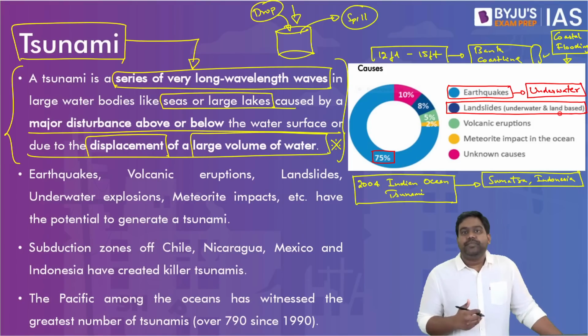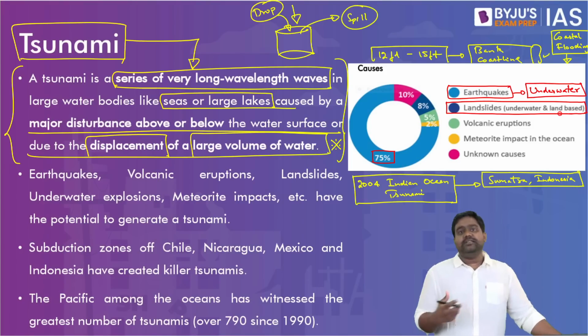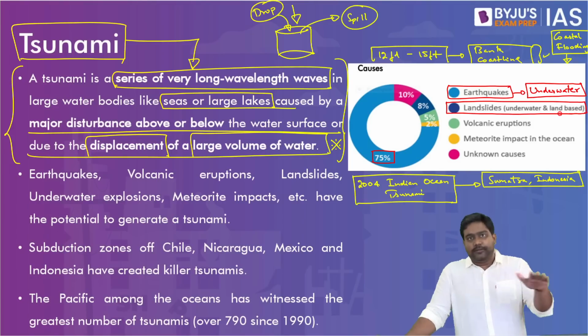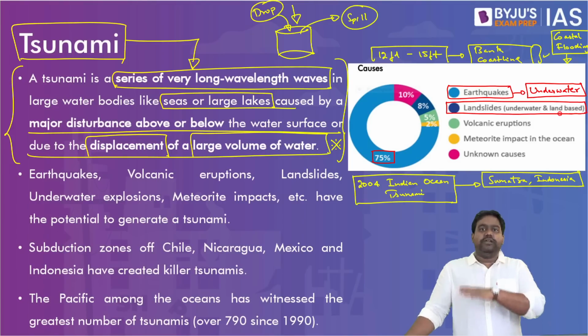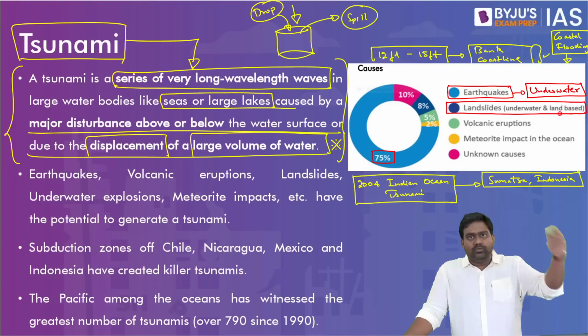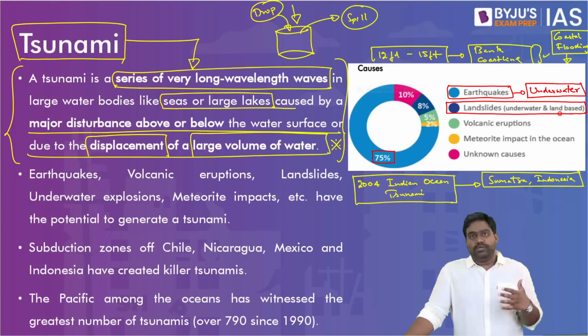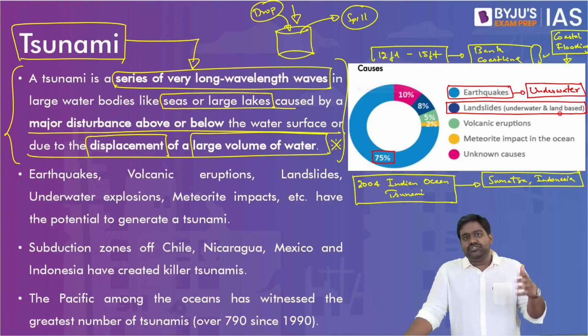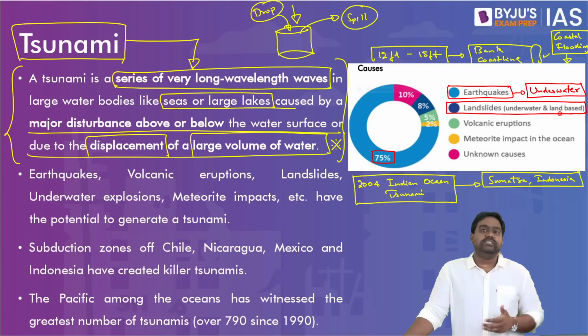Is that clear? Please understand this. The terrain of the sea floor is not flat. Just like we have topography and terrain on earth, similarly you have mountains, valleys, trenches underwater as well. So in these underwater mountains, the mountain structure might collapse, it might break and cause an underwater landslide.